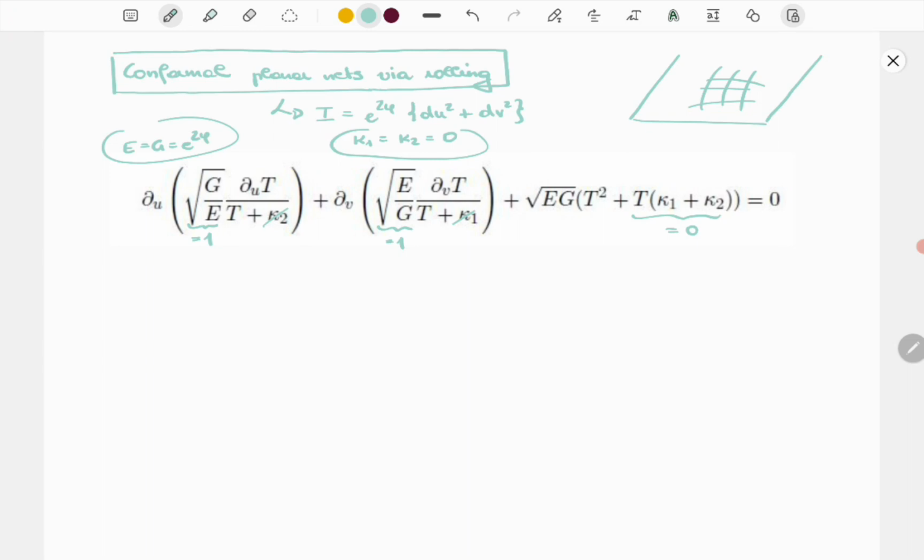So this formula here simplifies to d_uu logarithm of t plus d_vv logarithm of t equals minus exponential 2 phi times t squared. Then let us denote this part here by delta ln t.